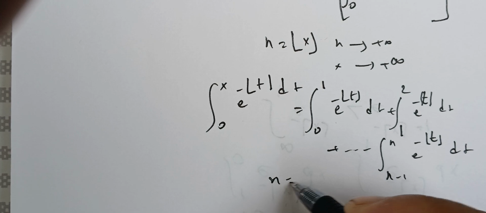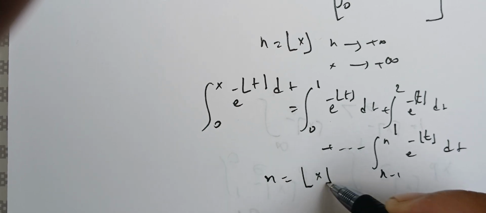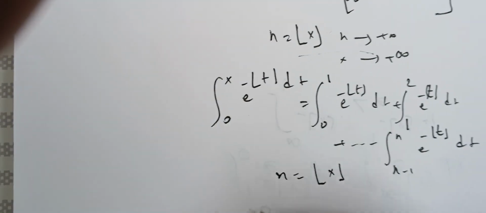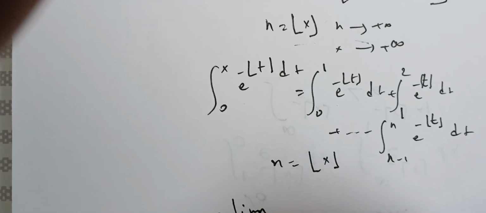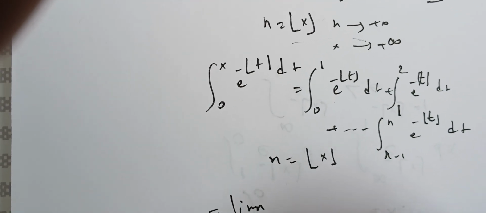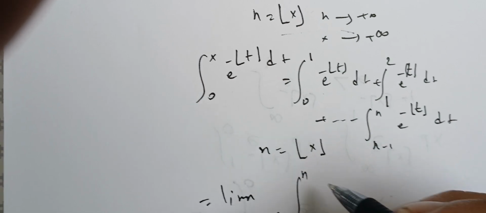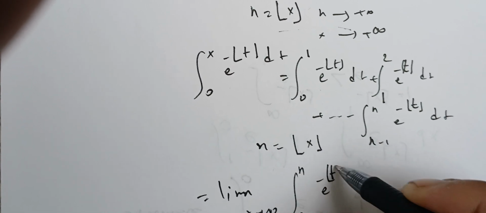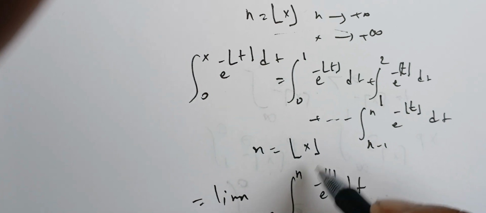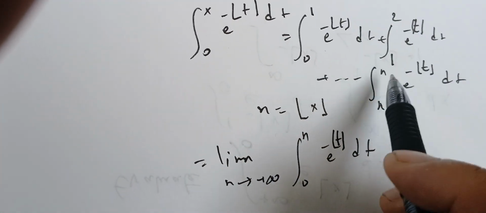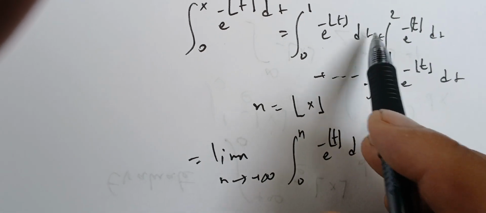Here n is the floor of x. Now using this fact, this limit is the limit as n goes to infinity of the integral between 0 and n of e to minus the floor of t dt.